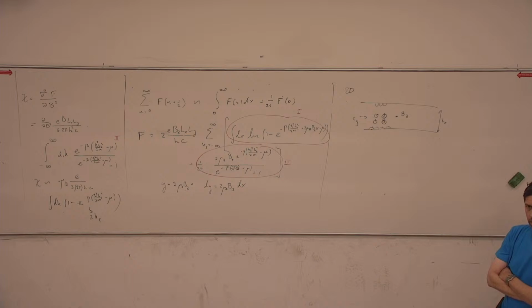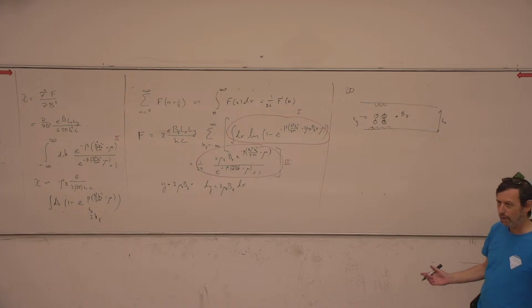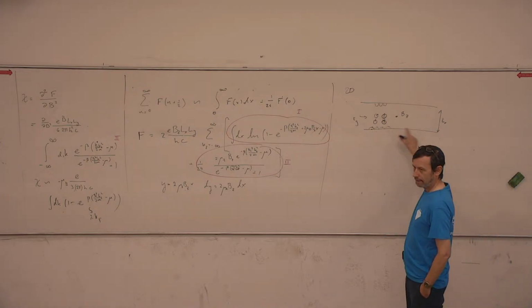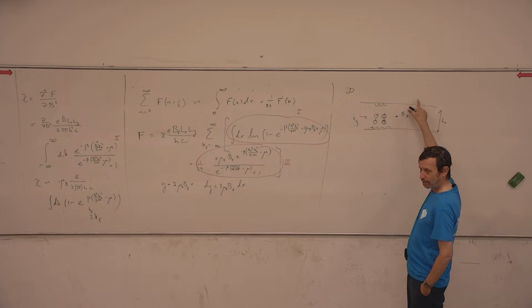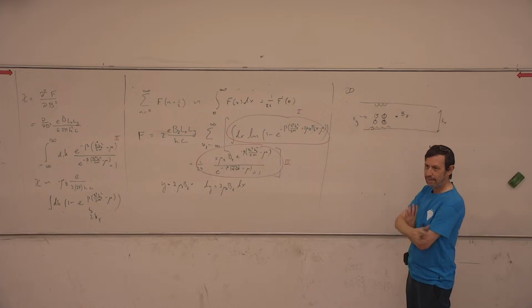Then you can stop and say something broke symmetry here, right? Why will I have here a current in this direction, here a current in the opposite direction?